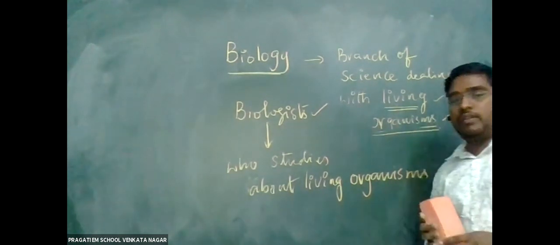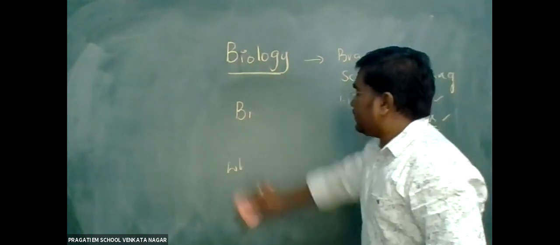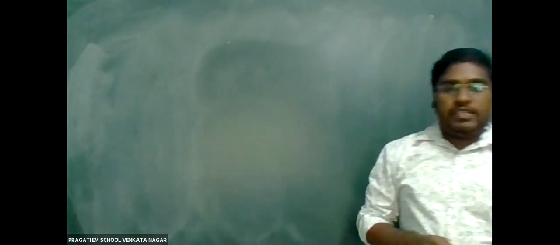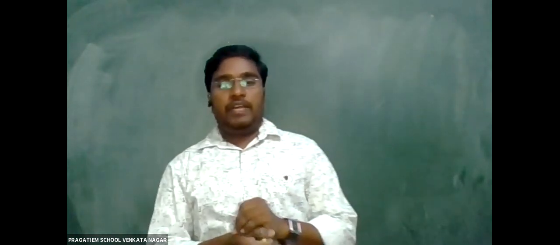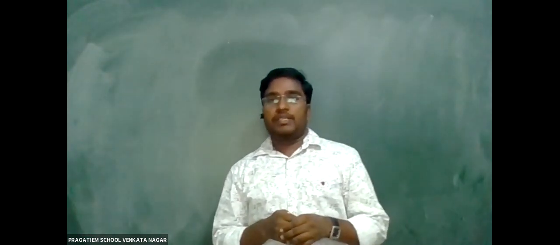Let us see what the living characters are. For example, every cell in the body can perform different types of functions in living organisms. That process we generally call metabolism.